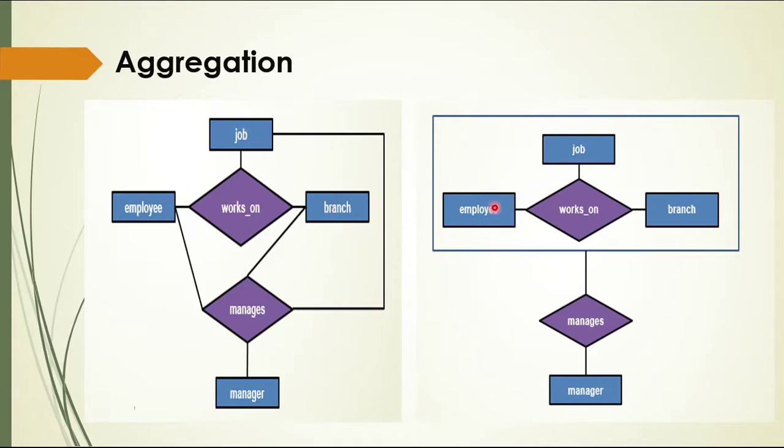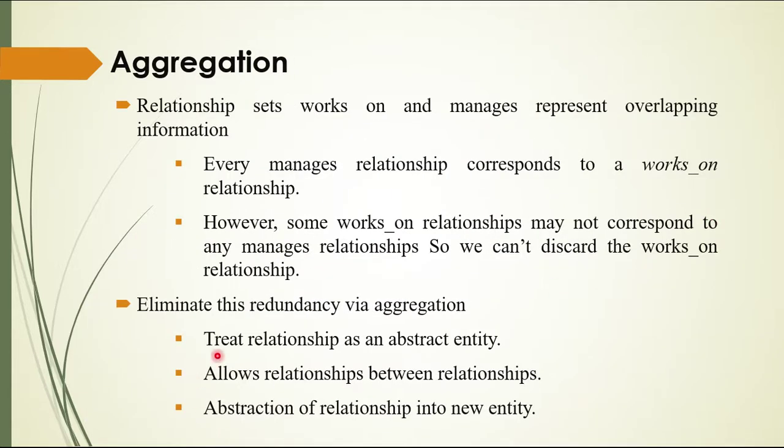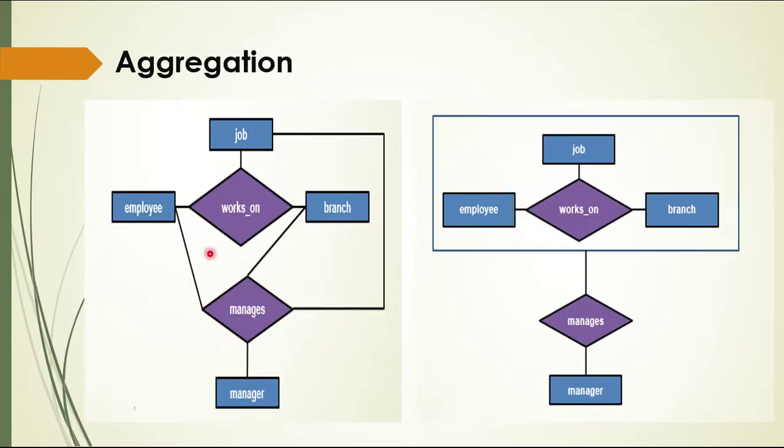So the whole four-part structure is converted into an entity. As I explained, we treat the relationship as an abstract entity. So these three, employee, job and branch, are now connected with one single entity.